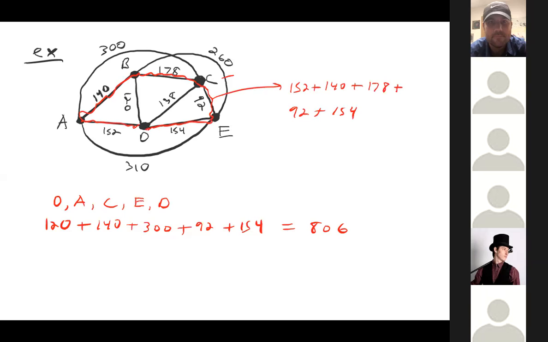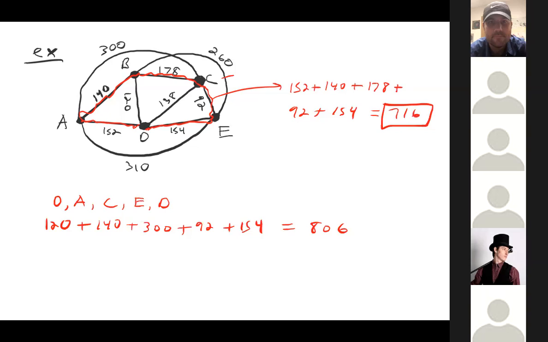I think that's going to be shorter by quite a bit. So 152 plus 140 plus 178 plus 92 plus 154. That is 716. So actually that's shorter.